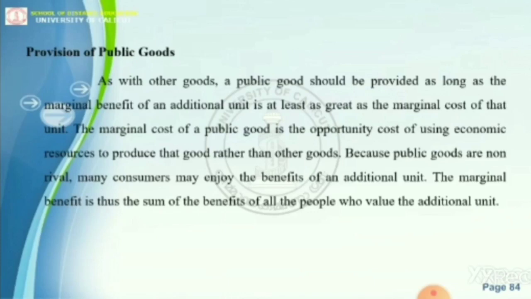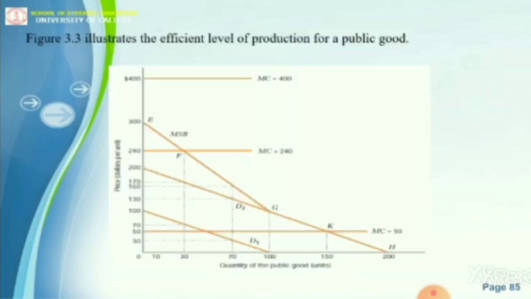The marginal cost of a public good is the opportunity cost of using economic resources to produce that good rather than other goods. Because public goods are non-rivalrous, many consumers may enjoy the benefit of an additional unit. The marginal benefit is thus the sum of benefits of all the people who value the additional unit.